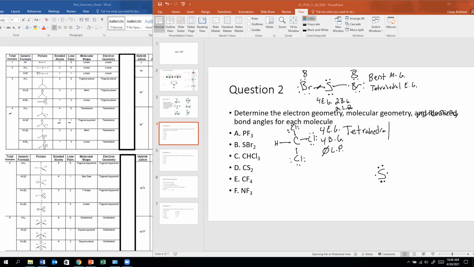Now sulfur has 2, 4, 6, 8 electrons as well. Each one of these pairs of dots is a lone pair, right? So when you make a Lewis structure, you'll have 2 lone pairs left over. And that's how I figure out there's 2 lone pairs, just by making a Lewis structure. That makes sense? Yeah, 2 dots, 1 lone pair.